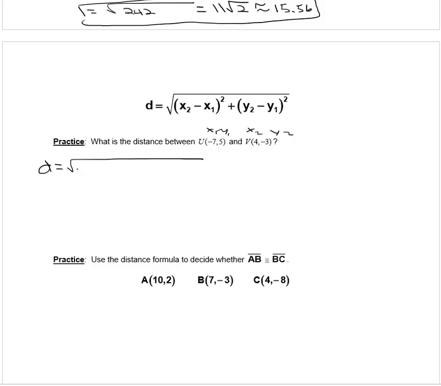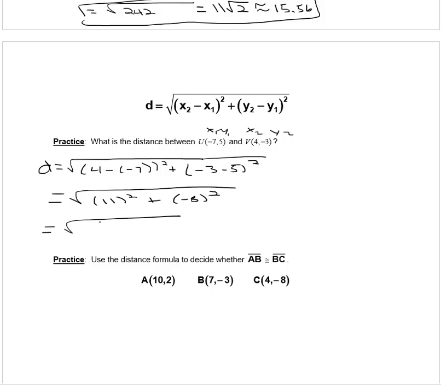Okay, so it's going to be 4 minus a minus 7 squared, plus negative 3 minus 5 squared. Okay, well, let's go ahead and do this one real quickly. So that's going to be 4 minus minus makes plus. So that's 11 squared. We've done that in the previous one. And then over here, negative 3 minus 5 is negative 8. Negative 8 squared.